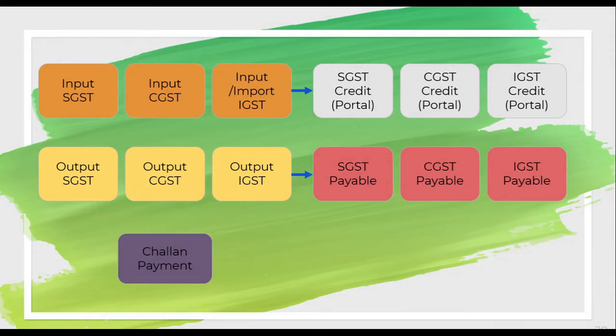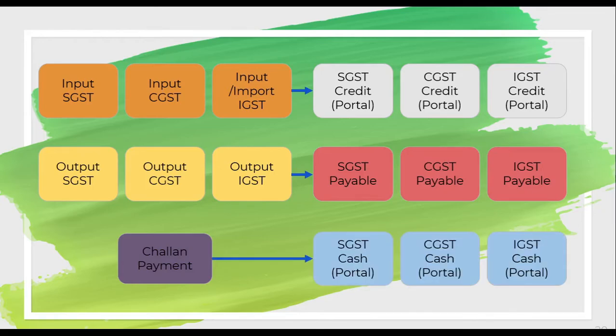Whenever I am making a challan payment, you must know that we are paying under different heads. There are late fees, penalties, interest, and SGST is different, IGST is different, CGST is different. You can create those cash balances in your books as well. So we can create SGST cash portal, CGST cash portal, and IGST cash portal.